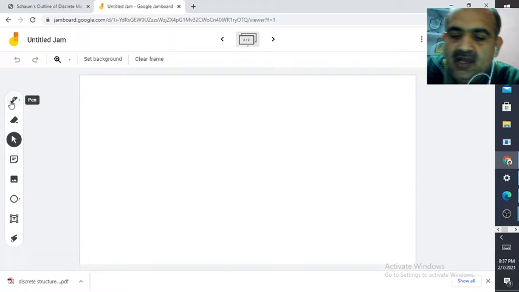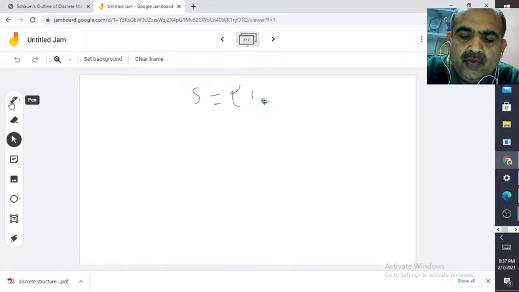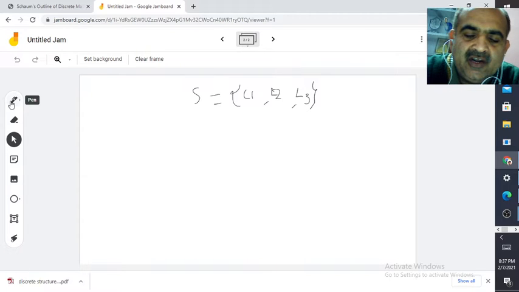Let set S have 3 elements: L1, L2 and L3. L1 is parallel to L2.